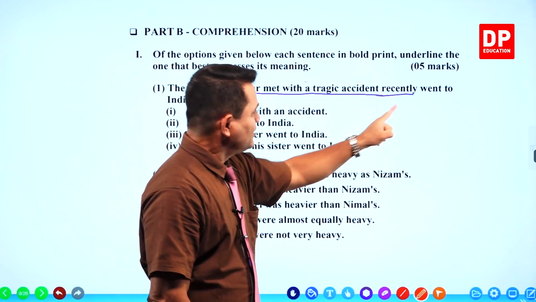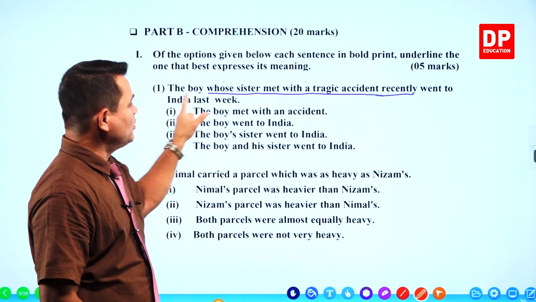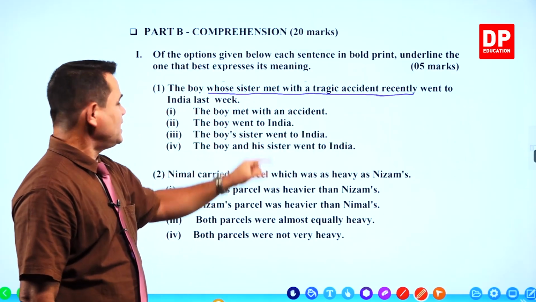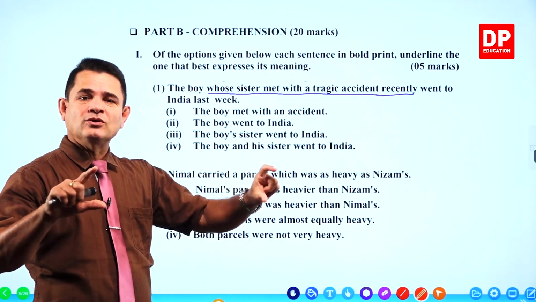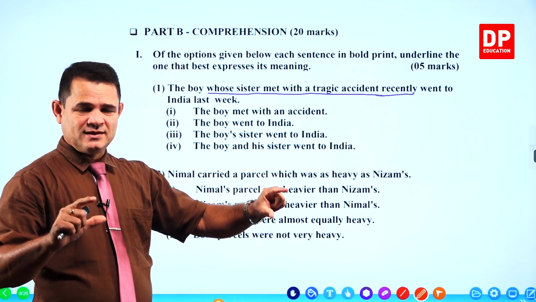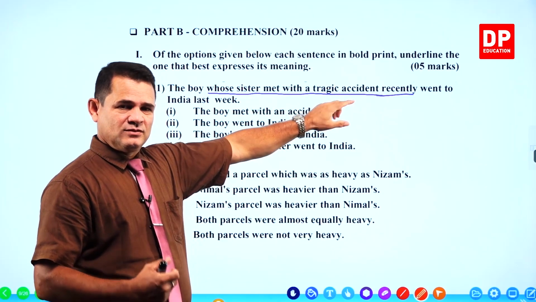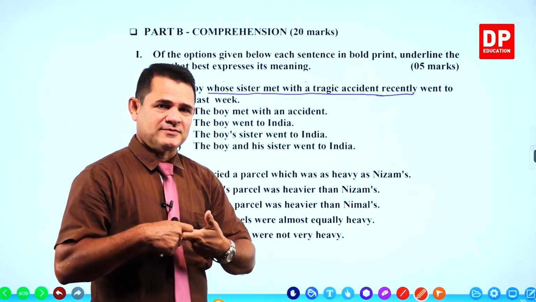Right? Went to India last week. So the main sentence is the boy went to India last week. That is the main clause, main sentence. ප්‍රධාන වාක්‍යය ඒක තමයි. ඒකට එකතු වෙලා තියෙන අනිත් වාක්‍යය තමයි මේ. ඒක subordinate clause එක. ඒතර මේ join කරලා තියෙන වාක්‍ය දෙකක්.